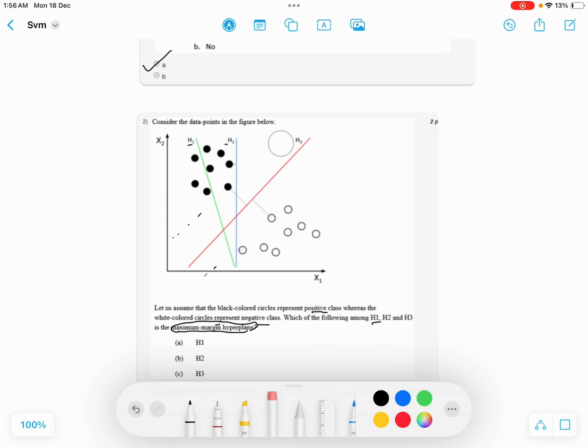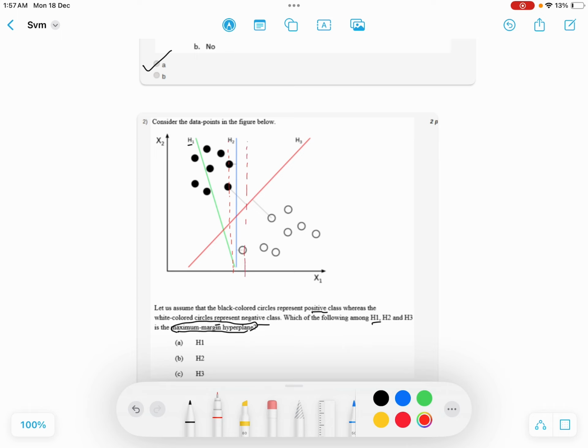If you look at h1, h2, so this is h2, right? And how is this going to separate, maybe like this.